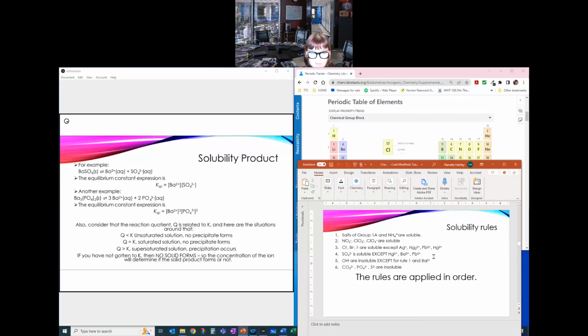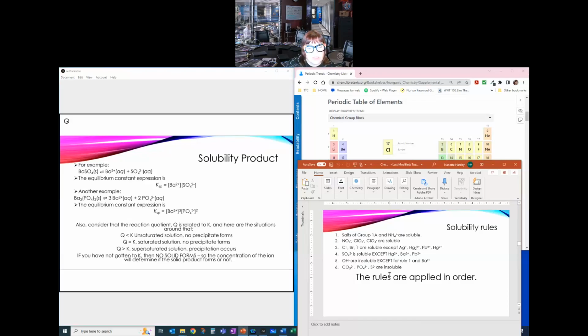When we talk about barium phosphate, the phosphates are insoluble. Ba3(PO4)2 gives 3 Ba2+ and 2 PO4 3-. The Ksp for that is going to be [Ba2+]^3 times [PO4 3-]^2. So that's how we would write the Ksps for those.